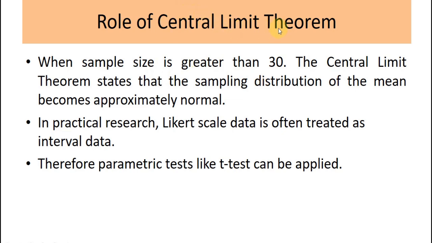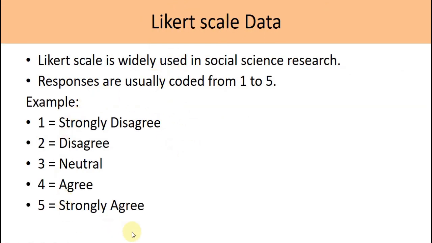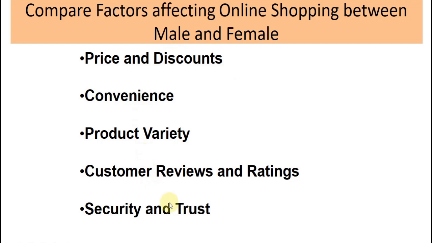At that time, if we are using Likert scale for a parametric test, we have to specify the central limit theorem assumption. We have used 5 options, from strongly agree to strongly disagree, with scores 5 to 1. These are factors affecting online shopping, and I am going to compare these factors between male and female.